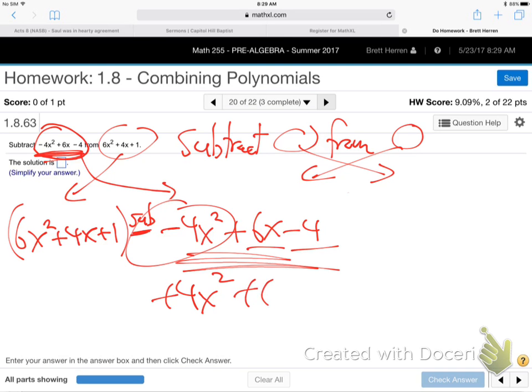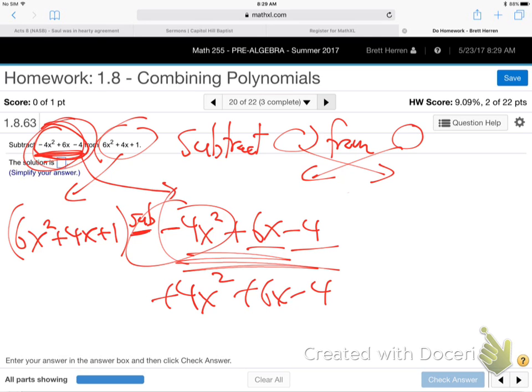They'll stay as they were, and that's wrong. Why? Because I was supposed to subtract this whole thing, not just the front part. See the difference? If you don't put parentheses, you're not technically doing what they said. They said subtract the entire polynomial.